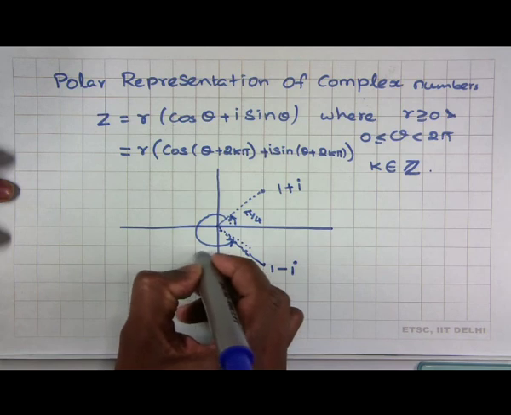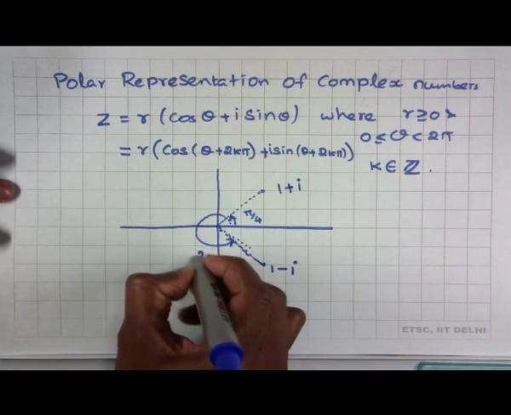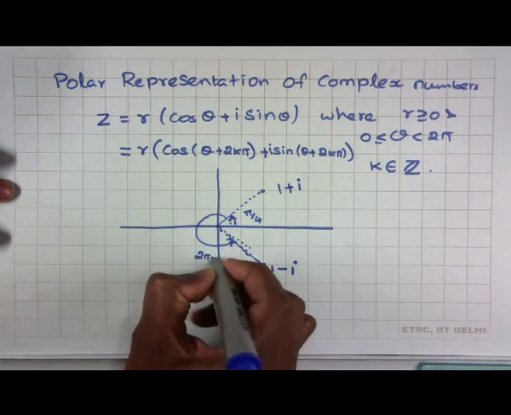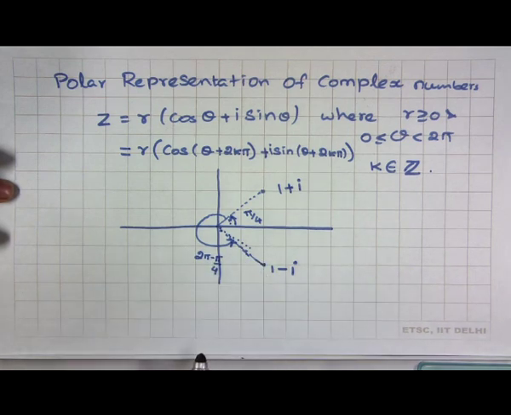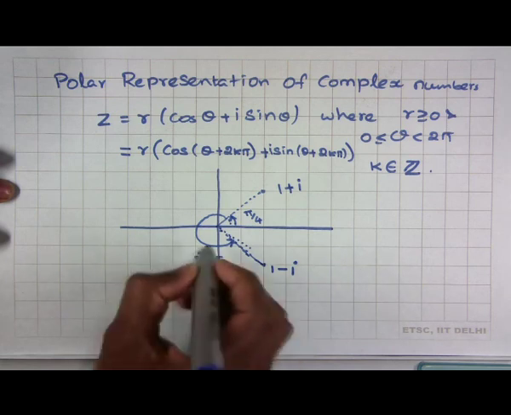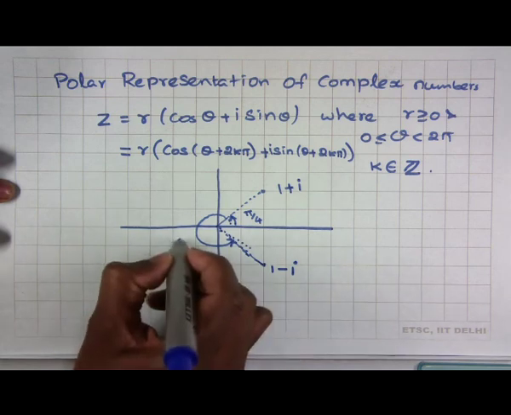The angle here is 2 pi minus pi by 4, and which is the same as 7 pi by 4.